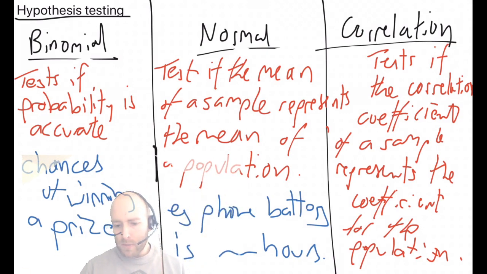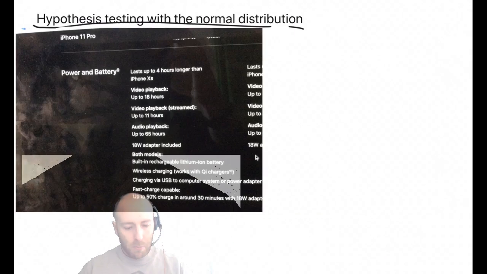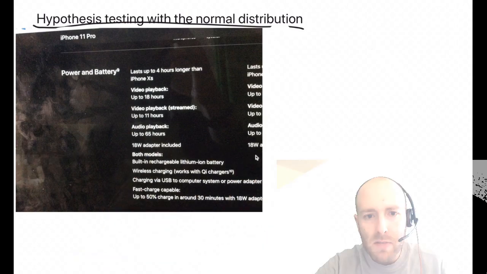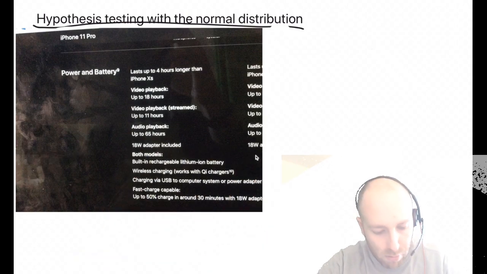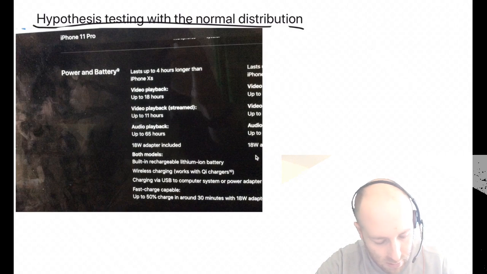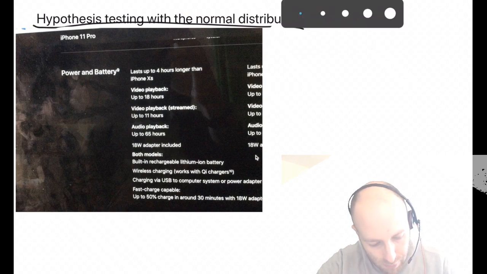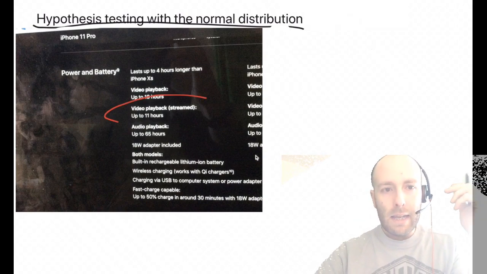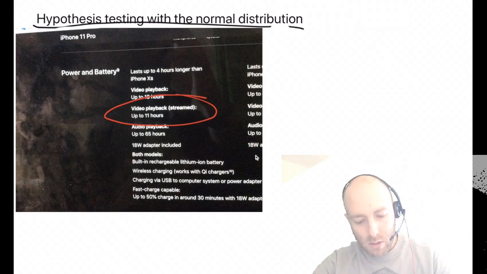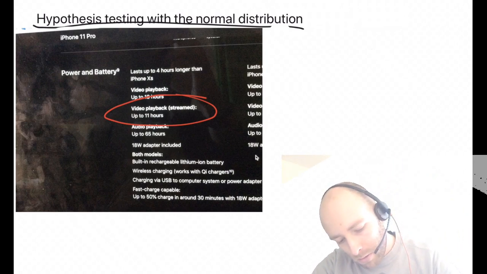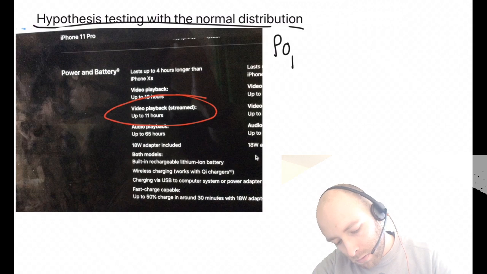Okay, so yeah, we're going to be looking at normal hypothesis testing. So I thought I'd use this phone example. So apparently the best phone at the moment is the iPhone 11 Pro, and it should be because it costs thousands. For streaming, it says it will do 11 hours. So the population should have a mean.